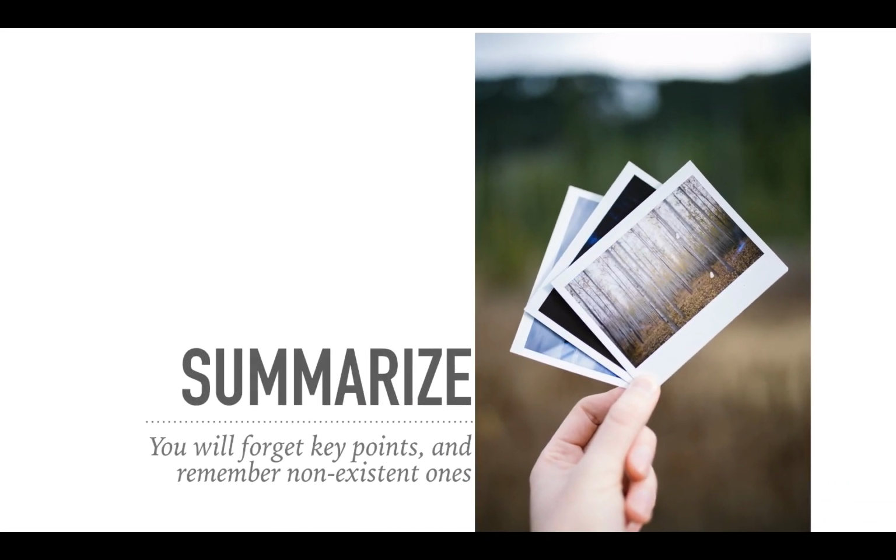So what do I mean by summarizing? When you're summarizing cases, it's kind of like photographs from a trip, and it's your way of making sure that you remember certain things. I guarantee you that before your research is finished, you're going to be forgetting key points from some cases, and you're going to be remembering key points from certain cases that are actually non-existent.